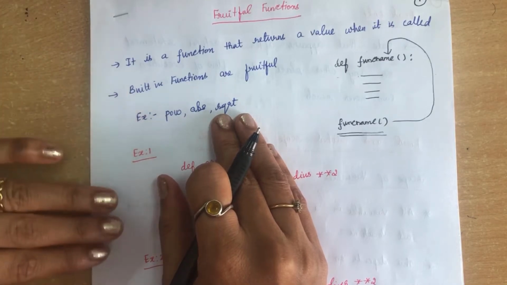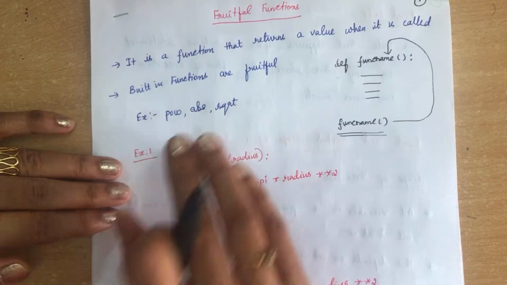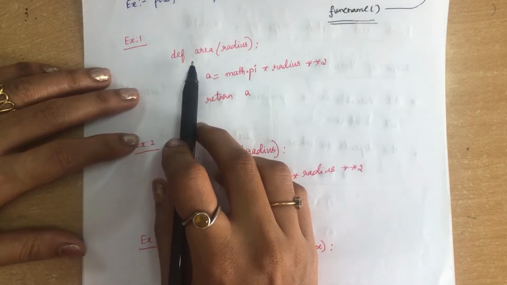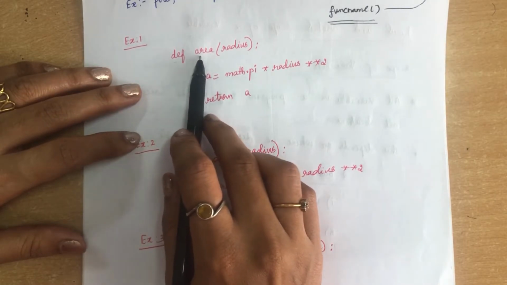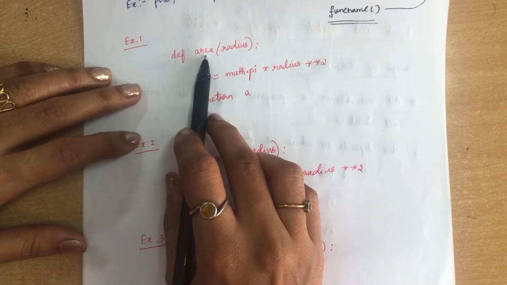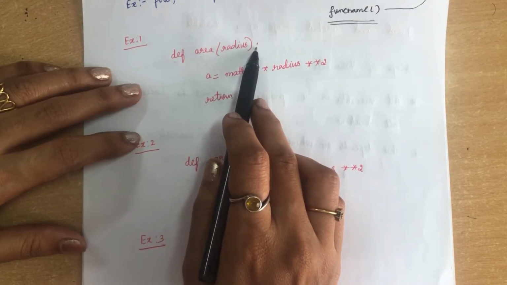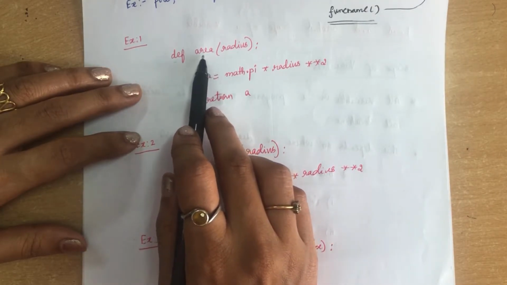Now we are going to see the fruitful functions that can be defined by the user. These are user defined fruitful functions. See here, we are defining a function with def, giving the function name as area, with a parameter called radius, followed by a colon. And these are the statements included in this area function.